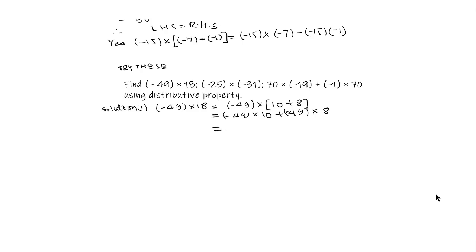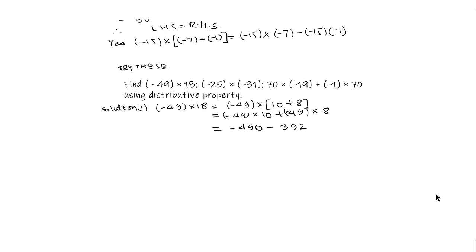This gives us minus 49 multiplied by 10 is minus 490, and minus 49 multiplied by 8 gives us minus 392. 8 times 9 is 72.